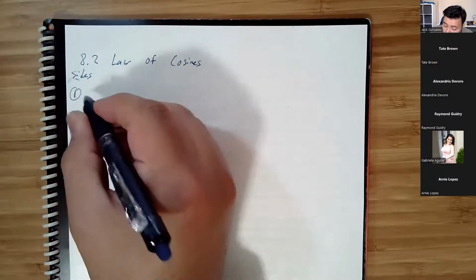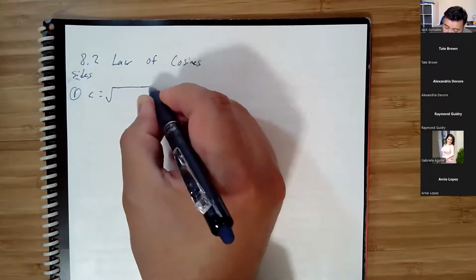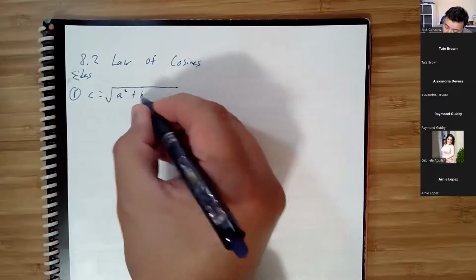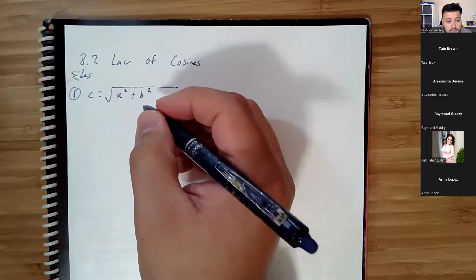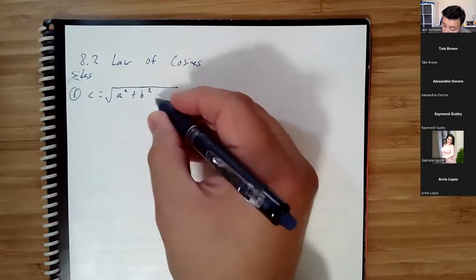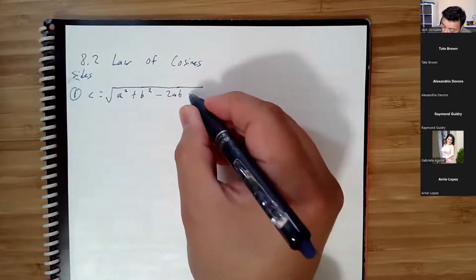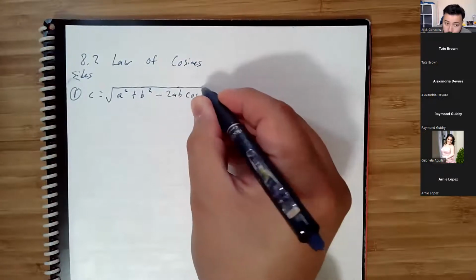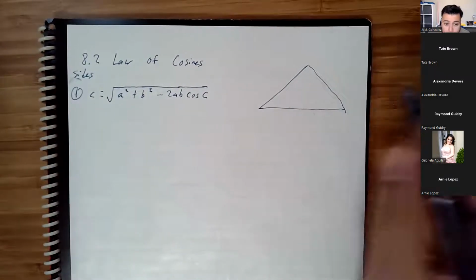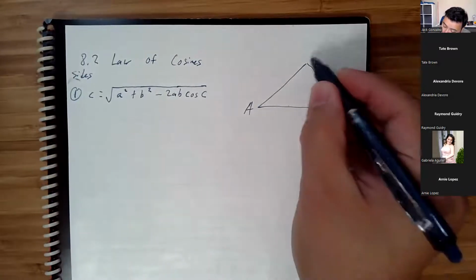Number one, little c is equal to, so I solve for all the variables you're going to need. So all you got to do is plug it in. So I made it as easy as possible. To find little c, you need to have the other two sides and angle C. Okay, so you have some triangle A, B, C.